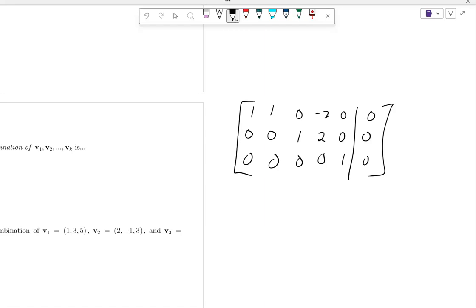Say that you had a homogeneous system of equations, you row reduced, and got this as your matrix in reduced row echelon form. And I want to write the solutions.